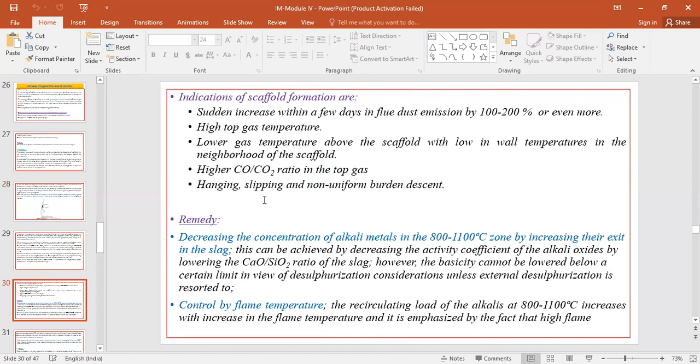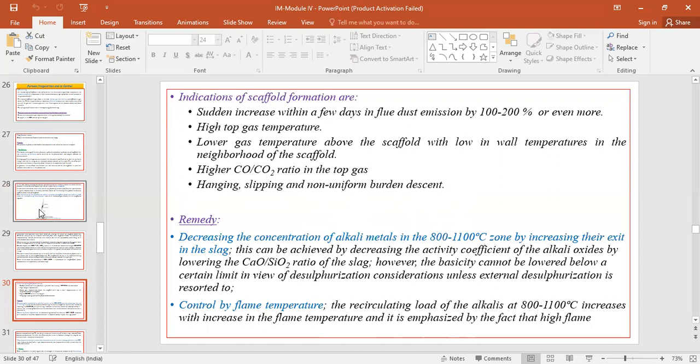These detached accretions that are generated will come and fall directly into the hearth part of the blast furnace, and that will create a chilling effect in the hearth. That will again disturb the thermal profile of the liquid products inside the blast furnace.